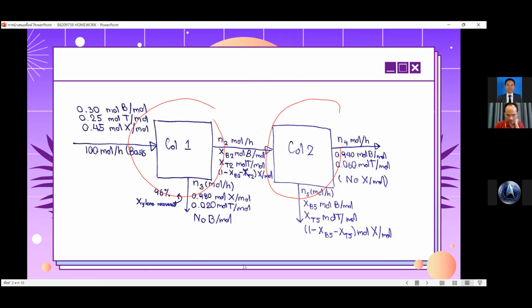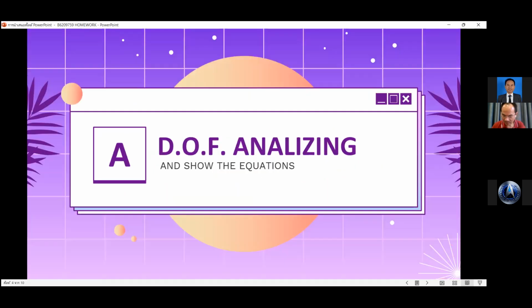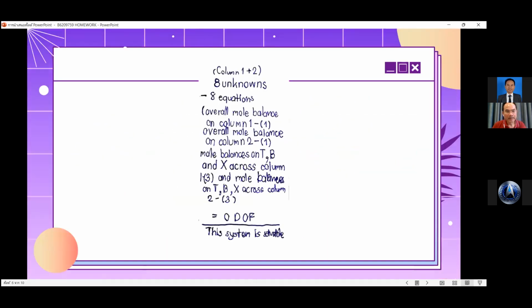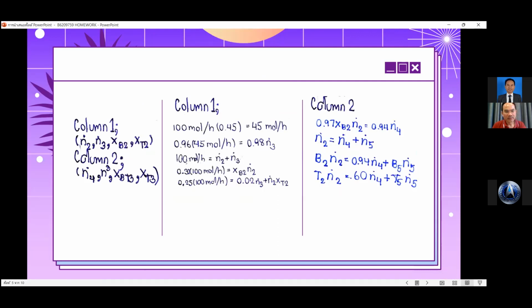Okay, next you move to the balance around column 1. You move to the slide that shows the balance around column 1. Yes. What is this equation?